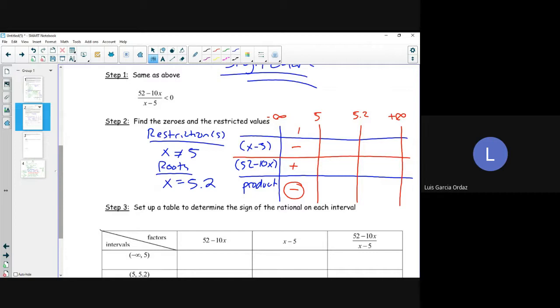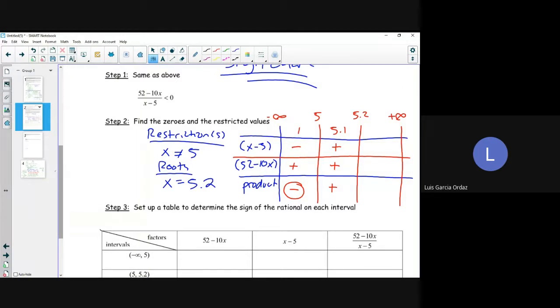Now someone give me a number between 5 and 5.2. So let's take 5.1. If we take 5.1, we get positive here, and our product is going to be positive, and we can't use that because we're looking for where the y values are less than 0.